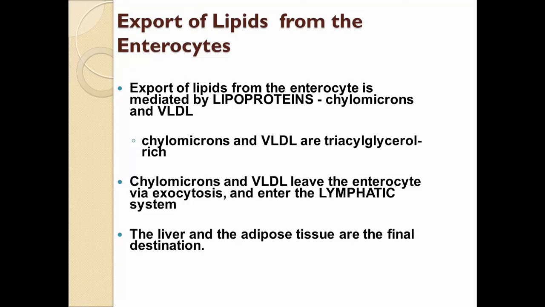In the small intestine. So chylomicron can help transport the triglyceride, which was initially absorbed from the food, to the adipose tissue for storage, and can also transport it to the liver for further metabolism.